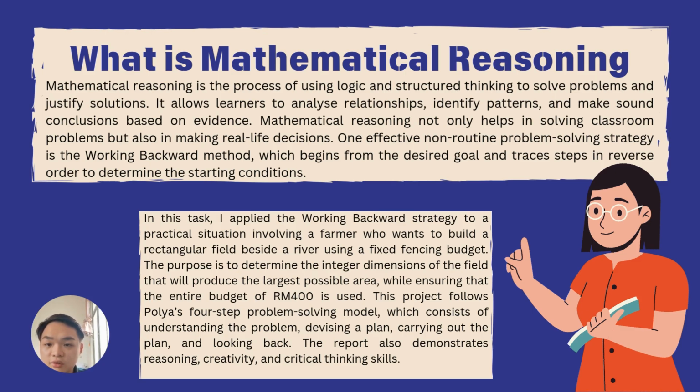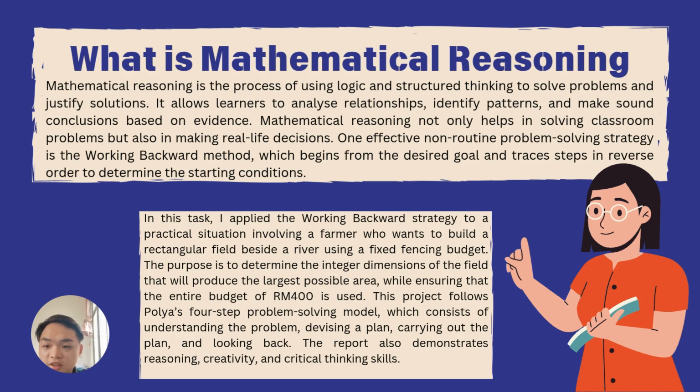One effective non-routine problem solving strategy is the working backward method, which begins from the desired goal and traces steps in reverse order to determine the starting condition. In this task, I apply the working backward strategy to a practical situation involving a farmer who wants to build a rectangular field beside a river using a fixed fencing budget.